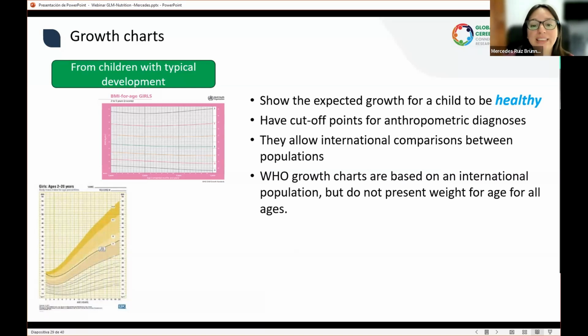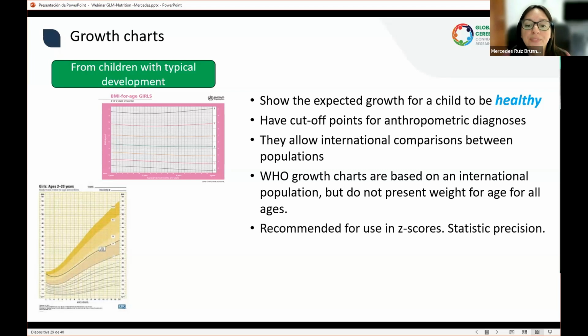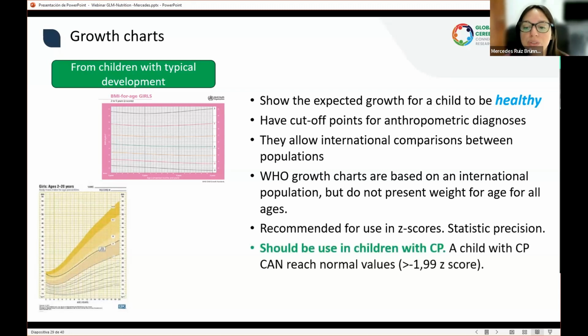But the difficulty with this chart is they don't present weight for all children, for all ages. They present weight for height just until the age of 10. It is recommended to use z-score because it has more statistical precision, and not percentiles, and it should be used in children with CP also.